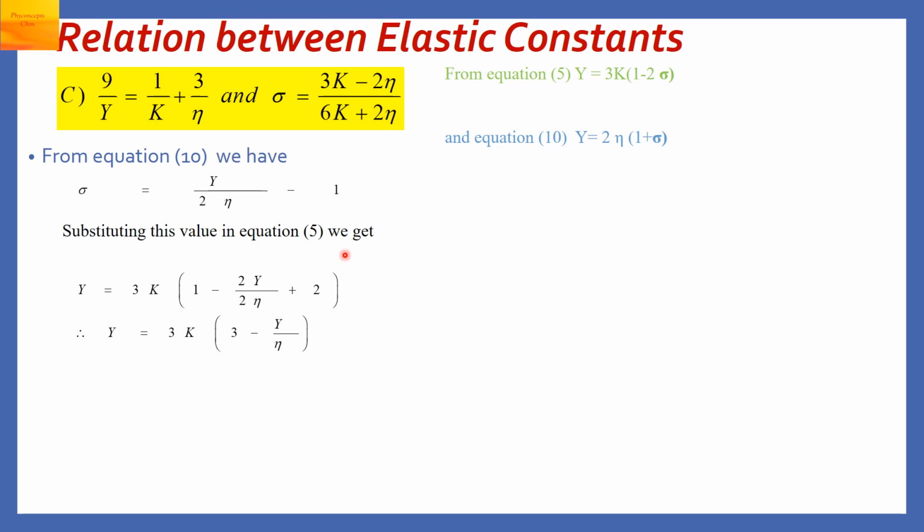The equation was Y is equal to 3K into (1 minus 2 sigma). So there we will substitute this sigma. So that is Y is equal to 3K into (1 minus 2Y upon 2 eta plus 2).